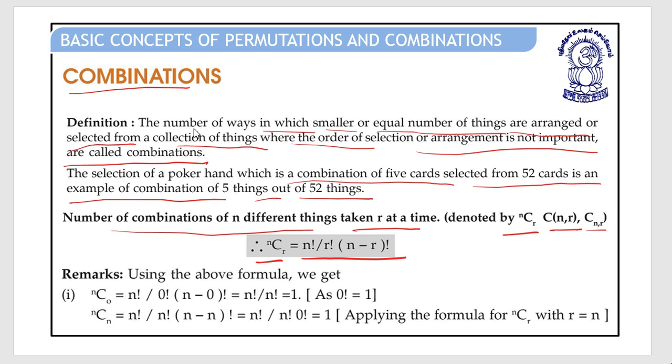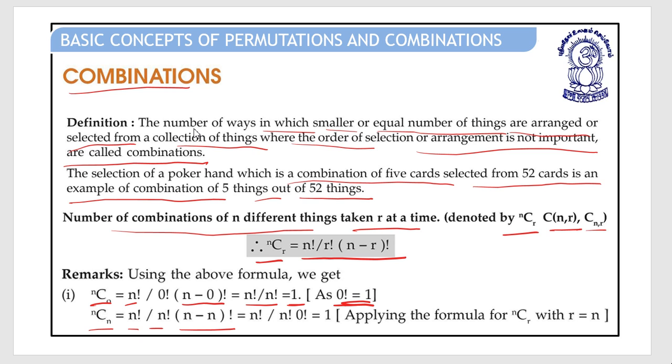Using the above formula we get nC0 is equal to n factorial upon 0 factorial into n minus 0 factorial. So it is n factorial by n factorial, which is equal to 1. You have to remember this: nC0 is always 1, and 0 factorial is equal to 1. nCn is equal to n factorial upon n factorial into n minus n factorial. n minus n means 0 factorial, and 0 factorial is 1.